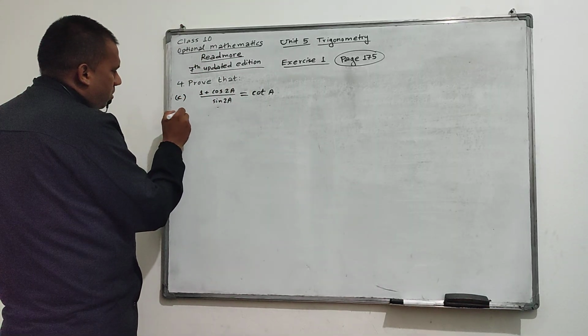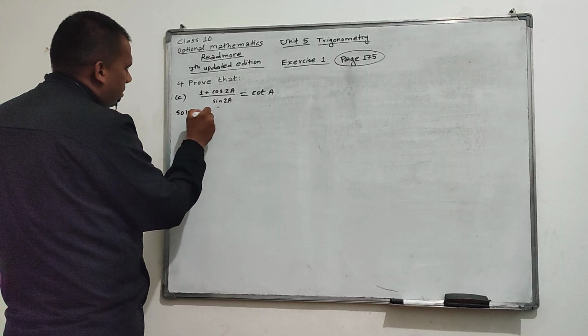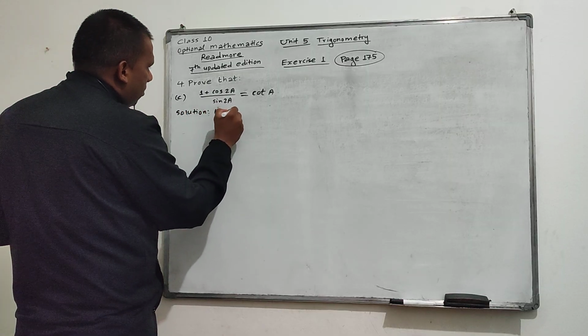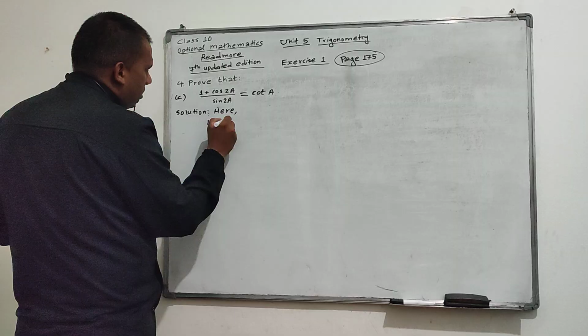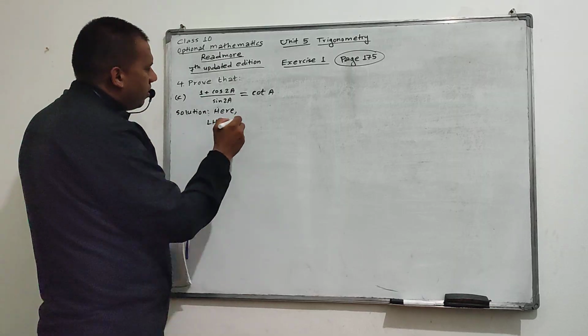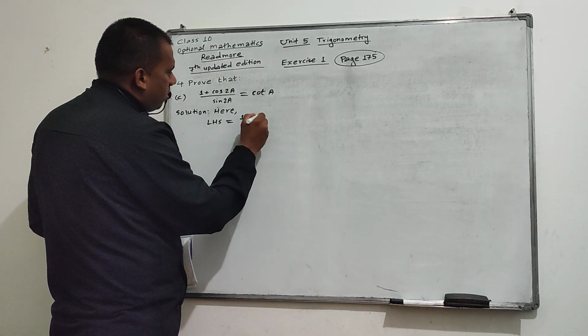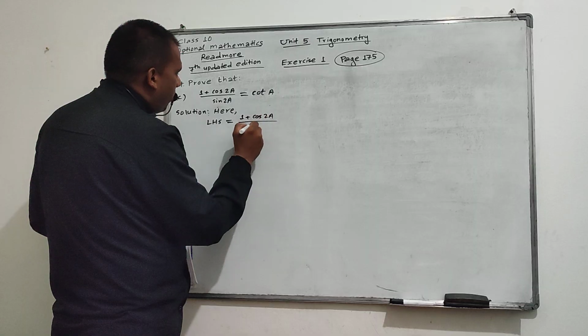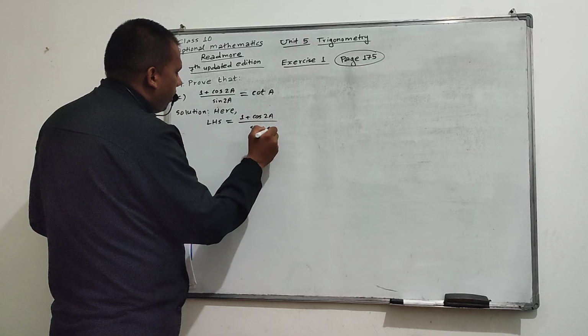Now we solve it. Here, LHS equals (1 plus cos 2a) whole upon sin 2a.